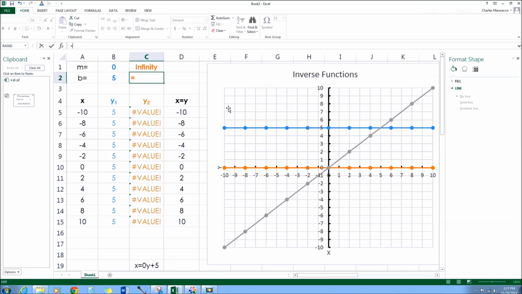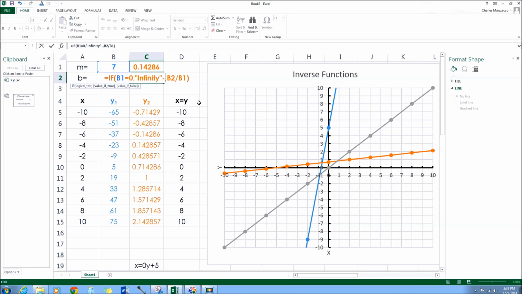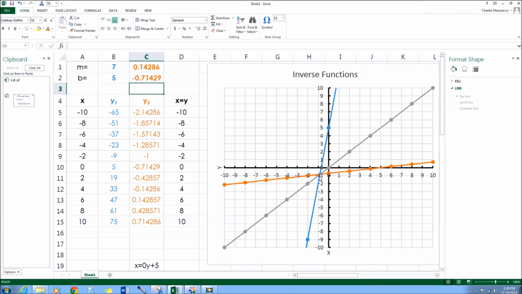If this equals 0, like it does now, then infinity, and if not, then put B2 divided by B1. It's got to be after the comma. Here, now it works.